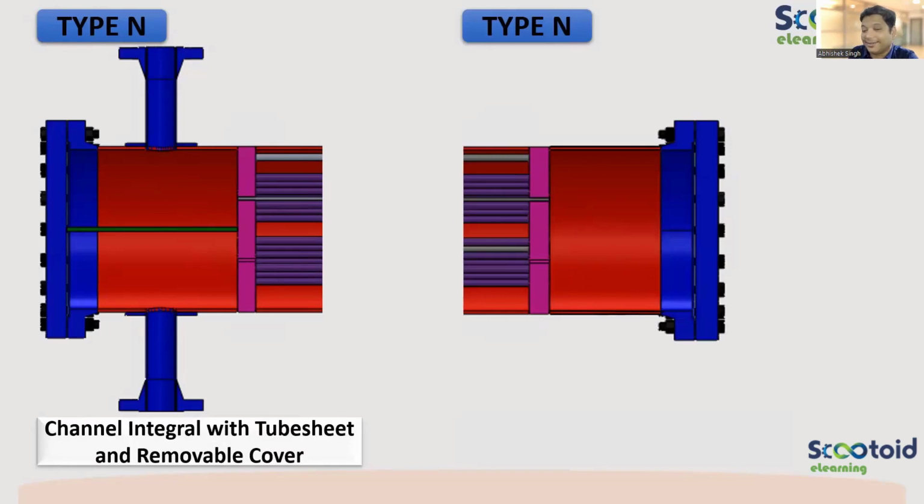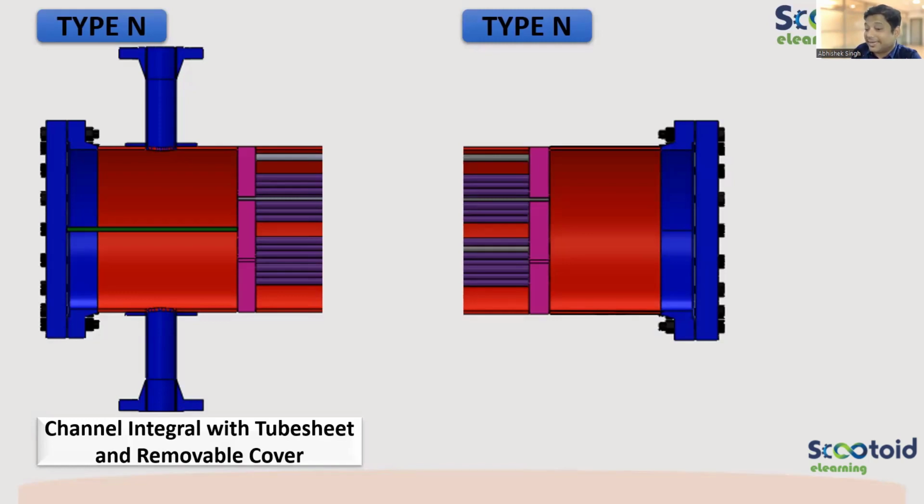It is also called N. So if I have a front head of N type, shell type, let us say E, and rear head type again N, then I will call it NEN type of heat exchanger. N, in between a shell which is E type, rear head again N type, then NEN.